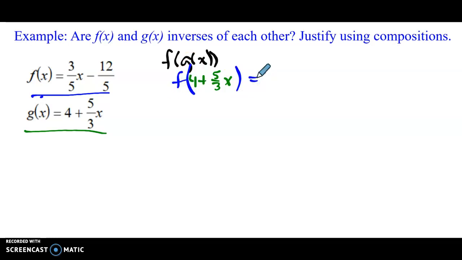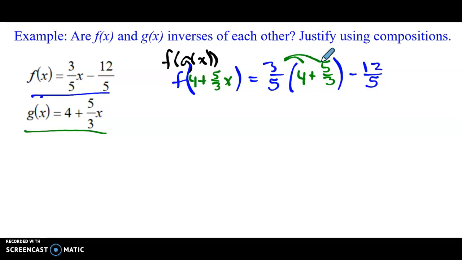So now if I write f, my function f says it's 3/5 x, but what is x? x is 4 plus 5/3 x. And then we continue writing minus 12/5. And so now, because we all love fractions, we're going to multiply fractions, we're going to distribute.